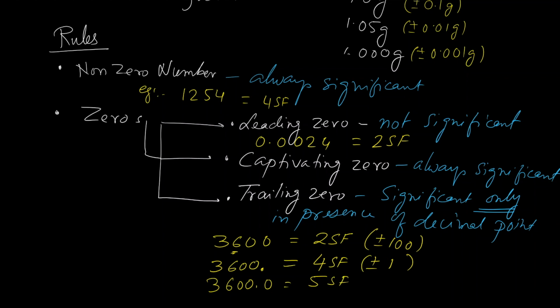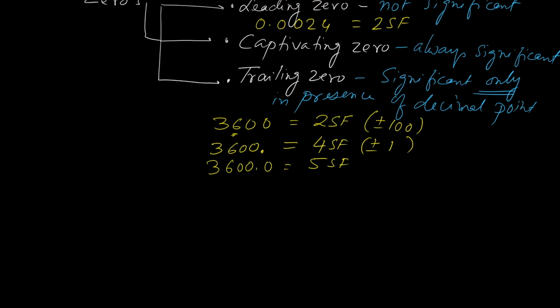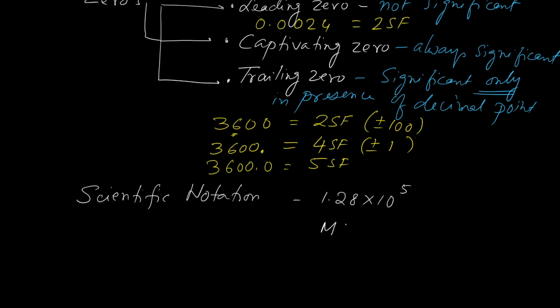Now, another way of writing numbers is what we call scientific notation. An example of scientific notation can be 1.28 times 10 to the power 5. It's in the exponent form, and we say that the form is of the type m multiplied by 10 to the power n.